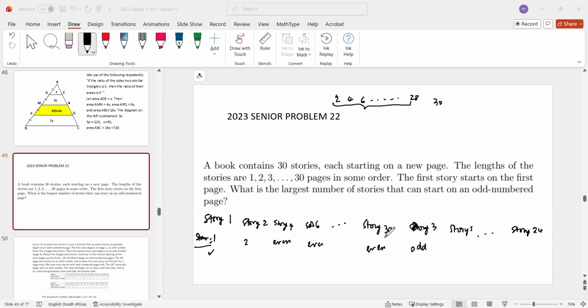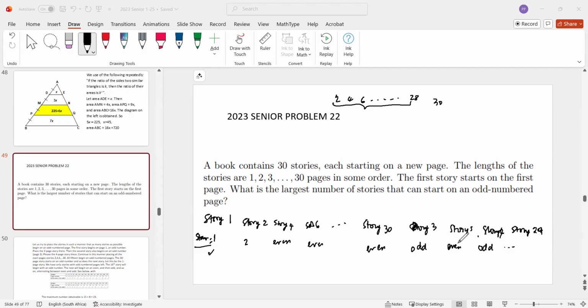So the 30th story with 30 pages will finish in even, and if you add 3 to it, it's going to start at odd. Now the story 5, you're going to add an odd number to this, so this becomes even, you see. You're going to add an odd number to this, and then you have another odd number, story 7. I'm going to add an odd number to even, and all the way up to story 29.